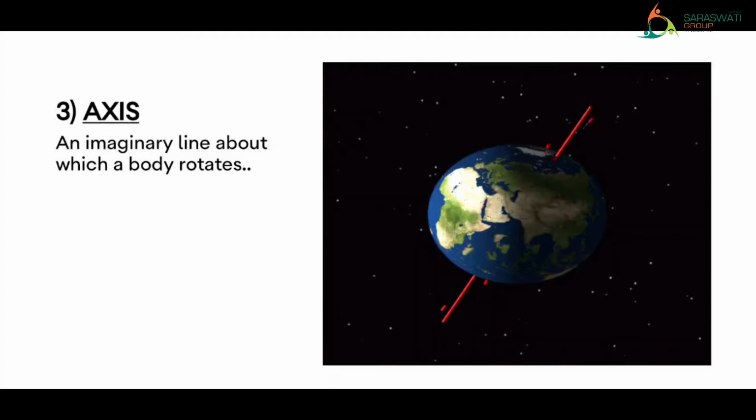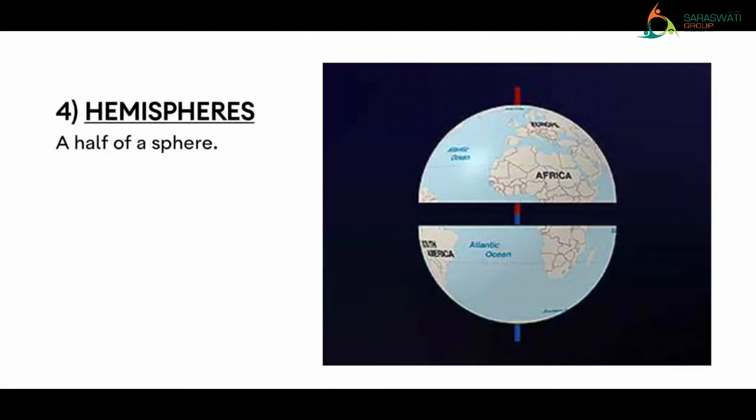Next, hemispheres. Hemispheres means a half of a sphere. See here, the earth is divided into two equal halves. So each half is called a hemisphere.